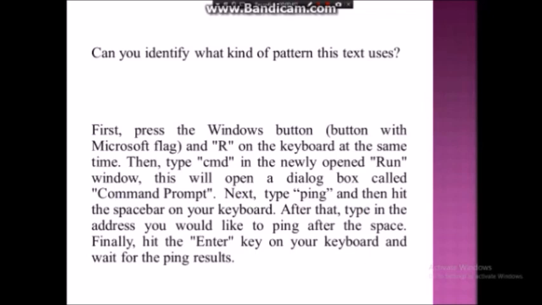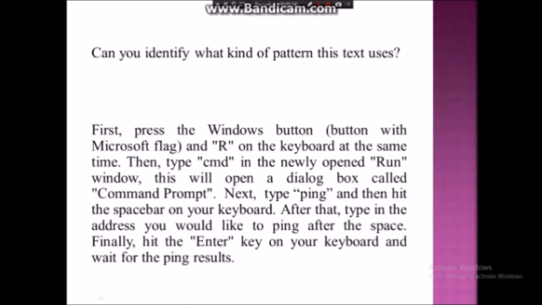Okay, that's it. What is your answer? The correct answer is chronological pattern, because the text uses first, then, next, and finally, and also after that as transition signals. That's why it has chronological pattern.